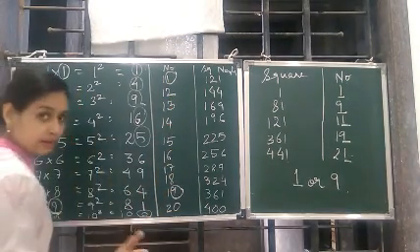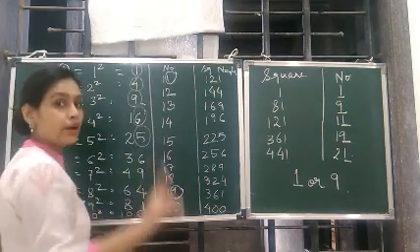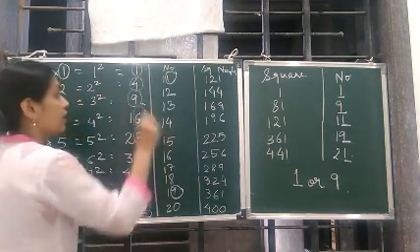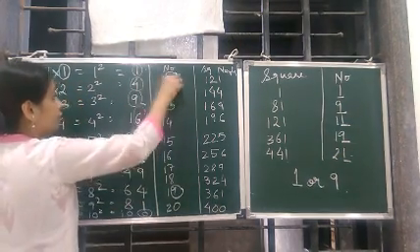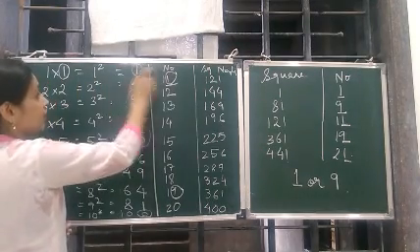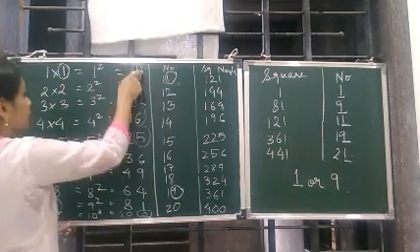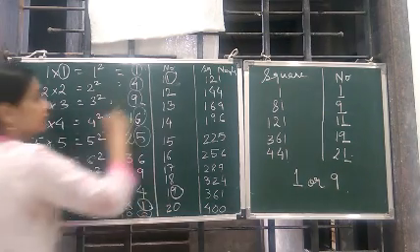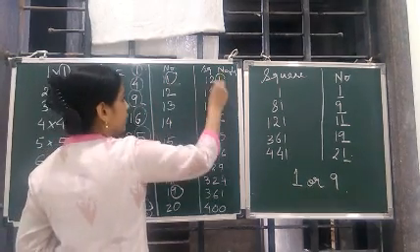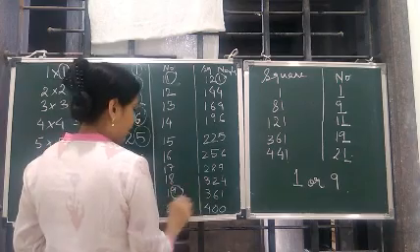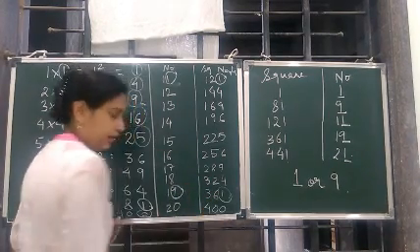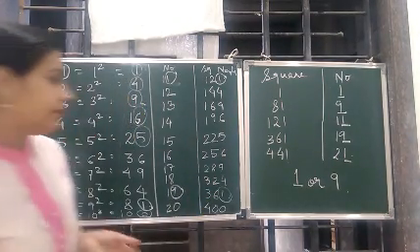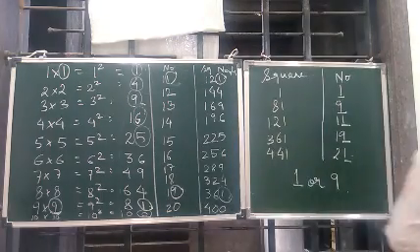Their square numbers, उनके square number हमेशा 1 से end होते हैं. देखो 1 का 1 से end हो रहा है, 9 का 1 से end हो रहा है, 1 का 1 से end हो रहा है और 9 का भी 1 से end होता है. Got it? That means any number, एक बार और करेंगे हम.